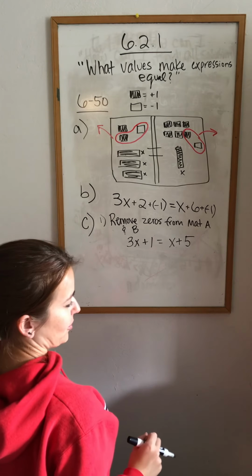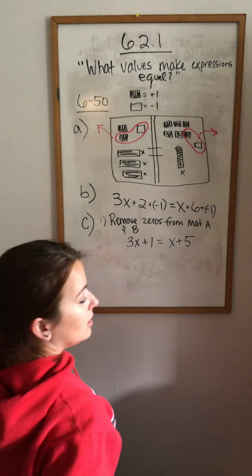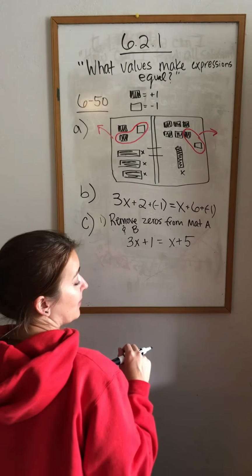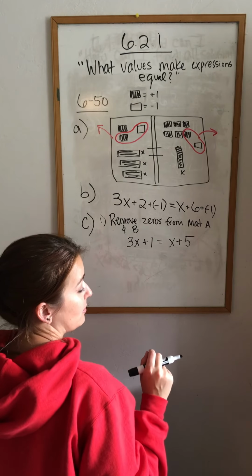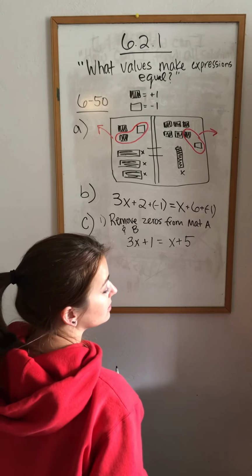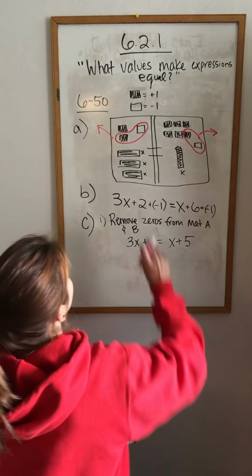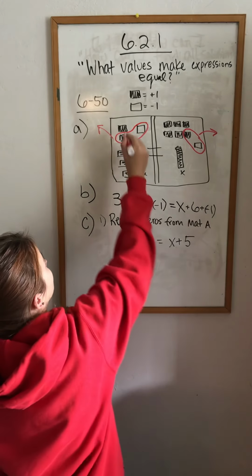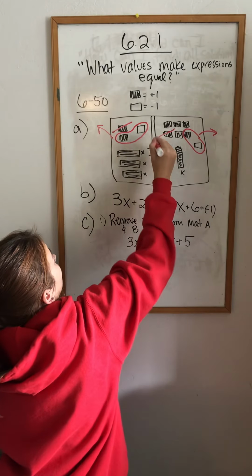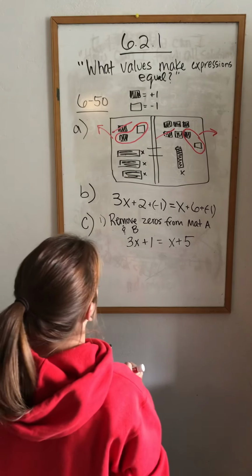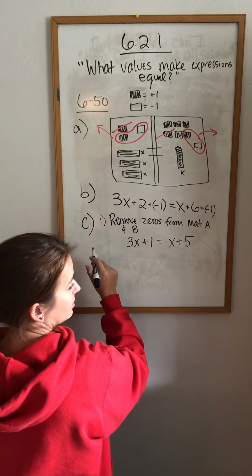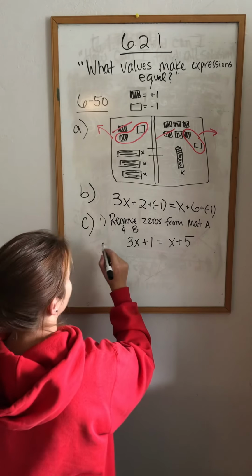The next thing I did, and you don't have to do it in this order, you might have done it differently, but I matched this +1 with a +1 on this side, so I scratched it out.